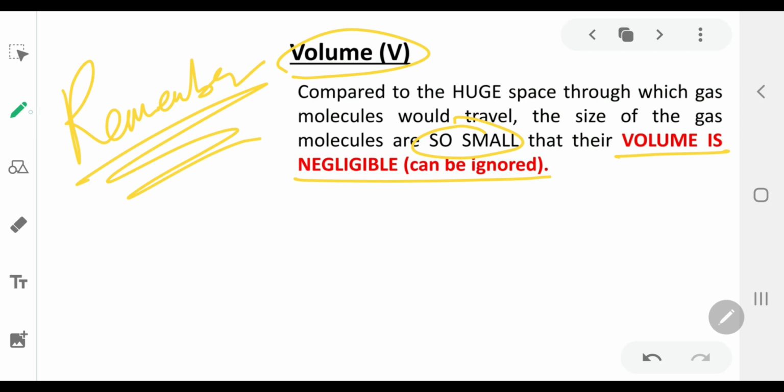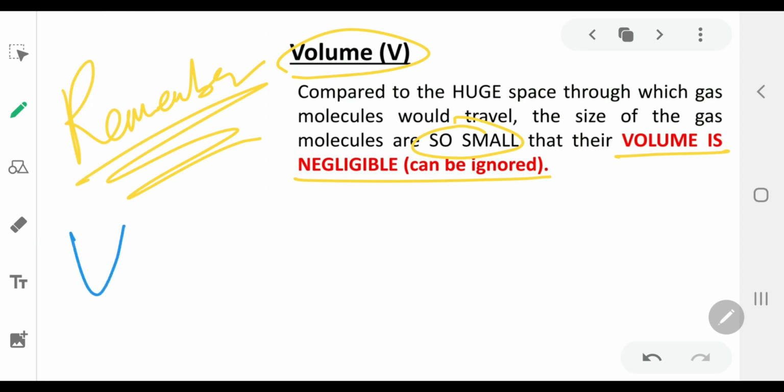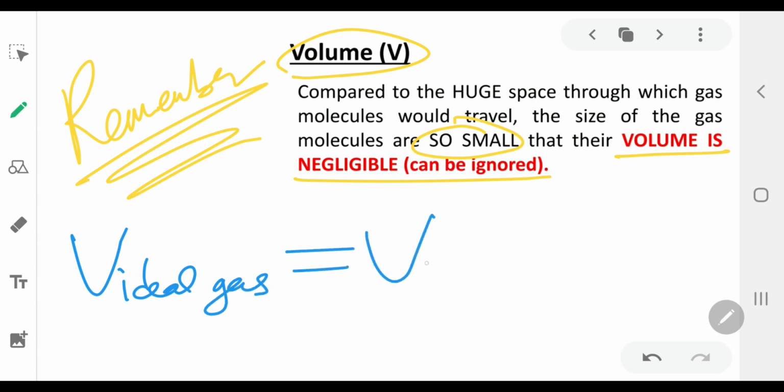Because of this assumption, we can always know that the volume of ideal gas will always be the same as the volume of your vessel. Okay, so this is a very, very important idea that you need to know.